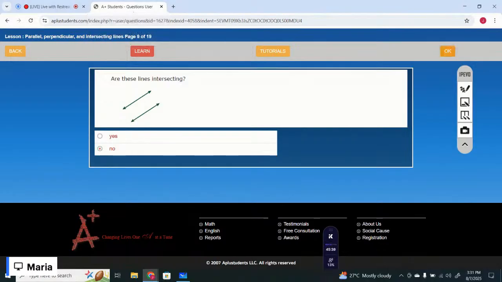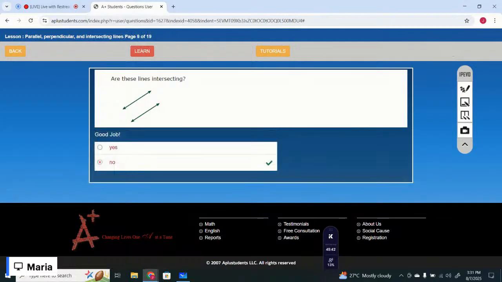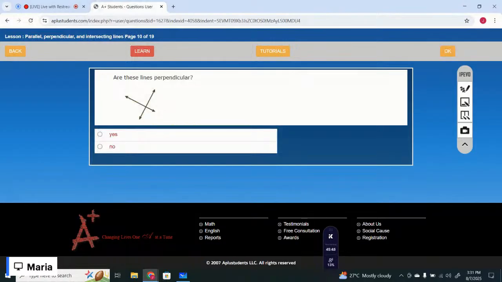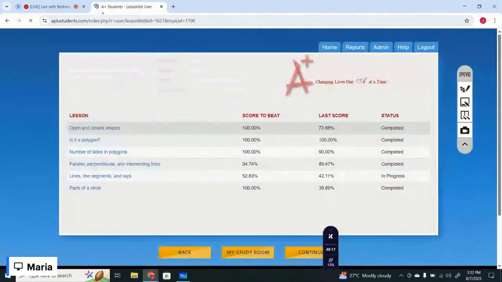No, they are not intersecting lines. Yes, they are perpendicular. Okay, you can complete the lesson by yourself later today.